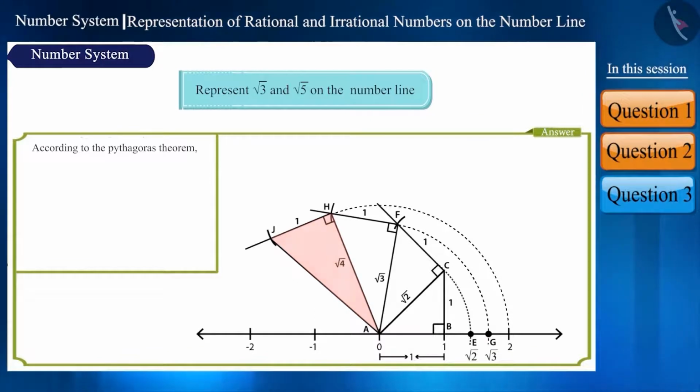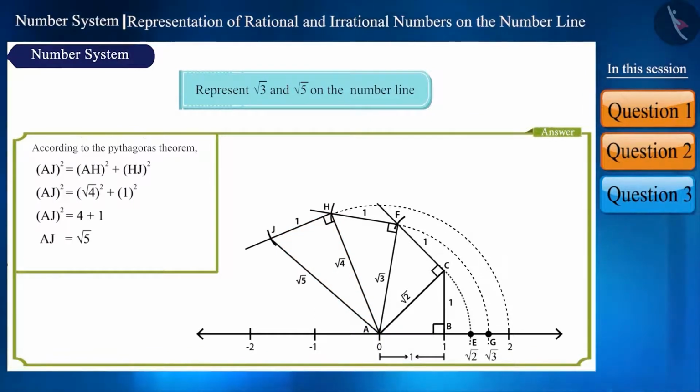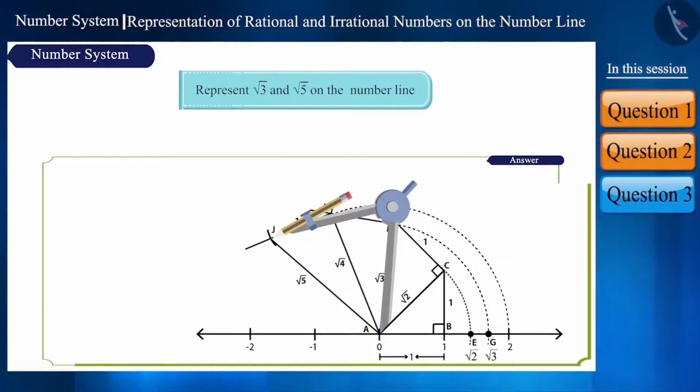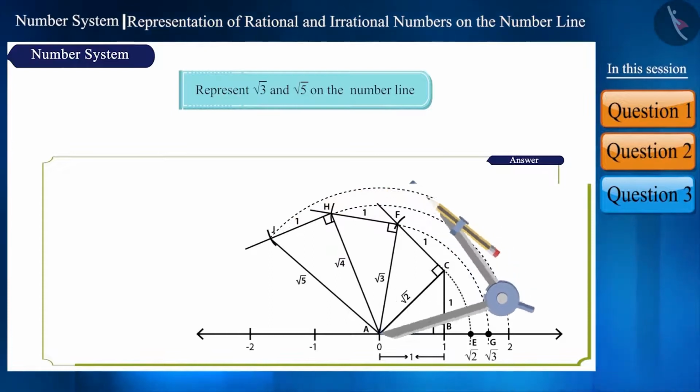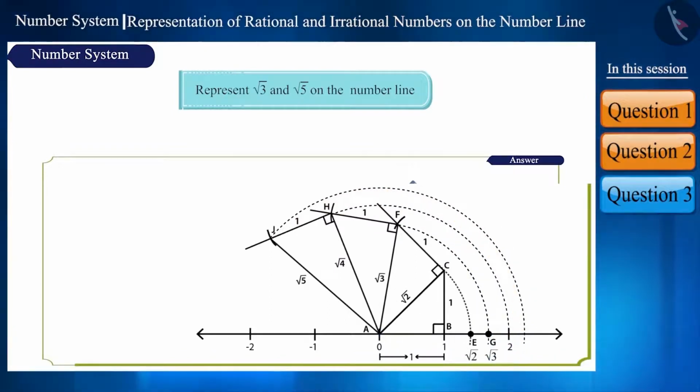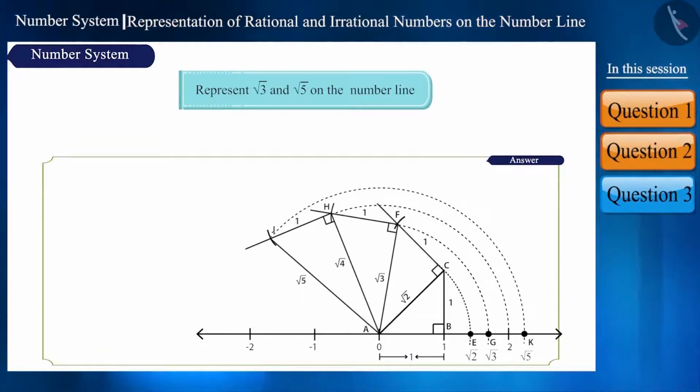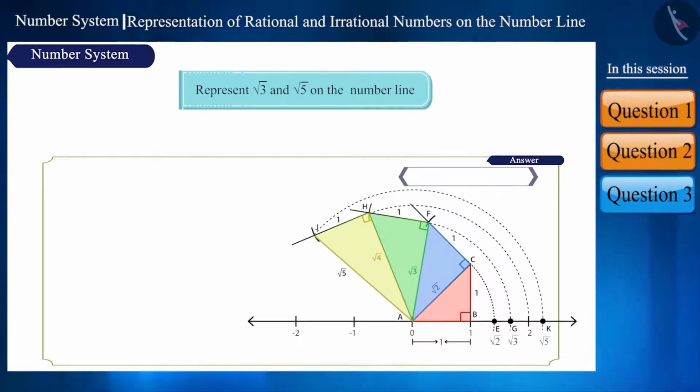In triangle AHJ using Pythagoras theorem, we will get AJ as root 5. Measure the length AJ using a compass and keeping A as center, draw an arc on the number line which cuts it at point K. Point K represents root 5 on the number line. The formation obtained as a result of this process is called the square root spiral.